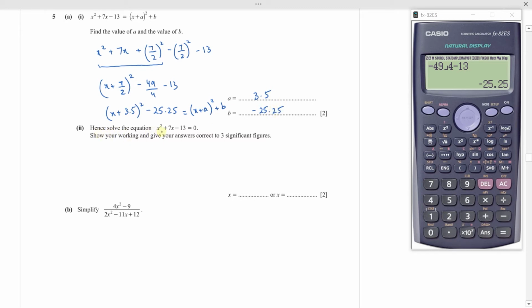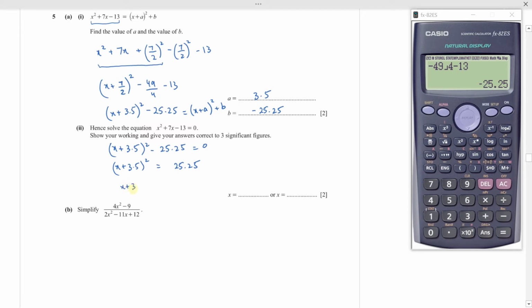The next part is solve the equation x squared plus 7x minus 13 equals to 0. So this is the same equation that we have on the left hand side here. So I will write this form of this equation, which is x plus 3.5 square minus 25.25 equals to 0. Now we can solve this easily. I'll take this 25.25 to the other side, so this will be equal to 25.25.